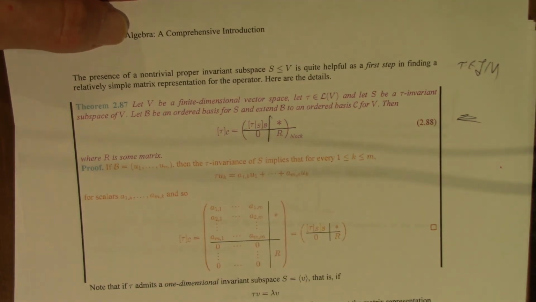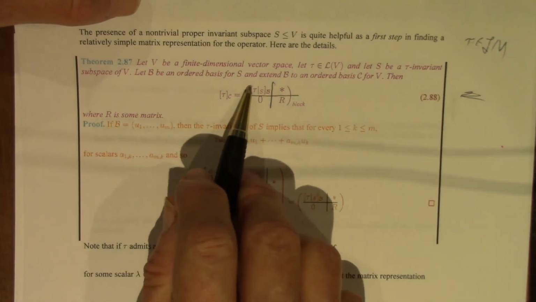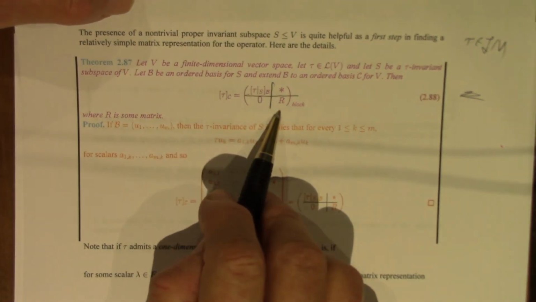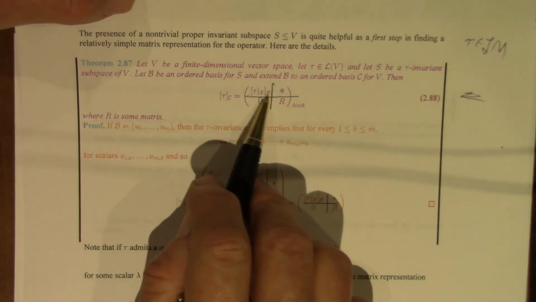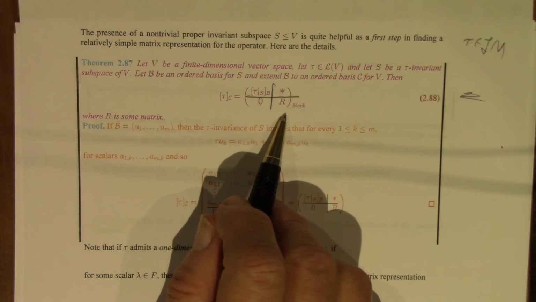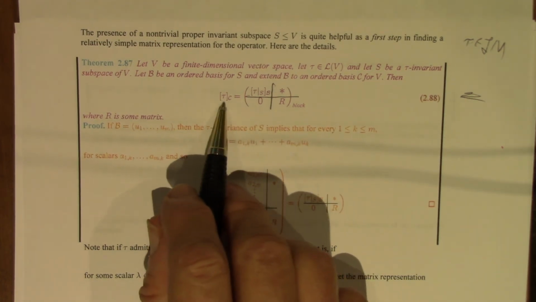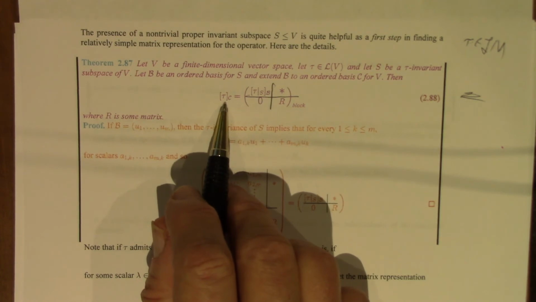But that's quite a bit in the future, so I won't go into that any further right now. But this is the first step in finding a nice, relatively simple matrix representation for a linear operator.